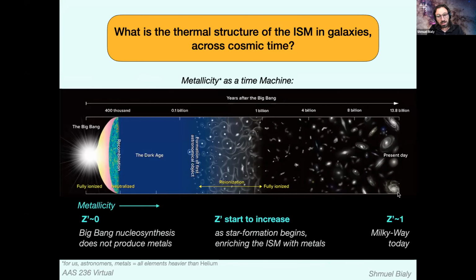Today we have some metallicity in our galaxy, in the Milky Way and nearby, but as we go back in time, the metallicity typically goes down, finally going to zero as you go to the dark ages. So this can serve as a time machine. If you explore the properties of the interstellar medium as a function of metallicity, you actually go back in time. That's the basic idea of this talk.